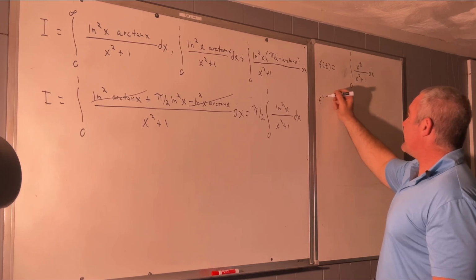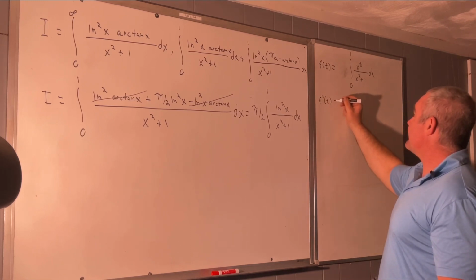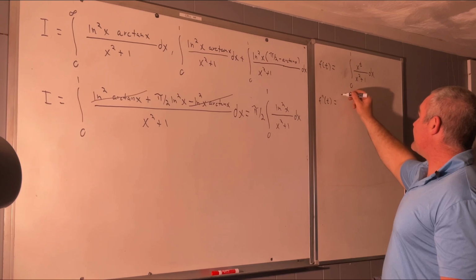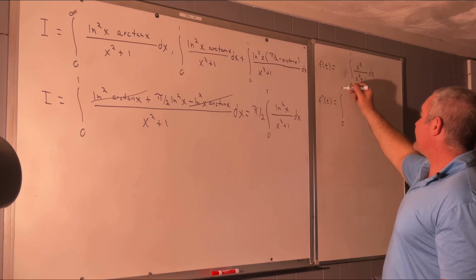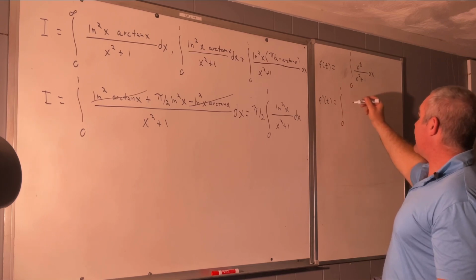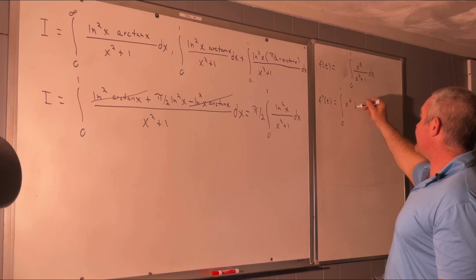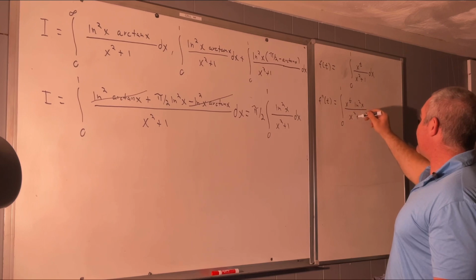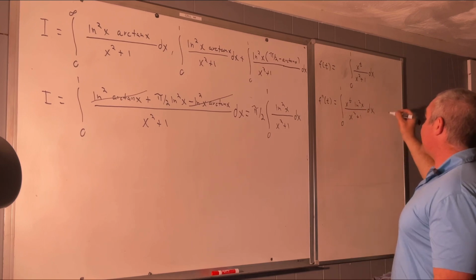Let's immediately take f double prime of t. That's going to be equal to the integral from 0 to 1 of x to the t natural log squared x over x squared plus 1 dx.